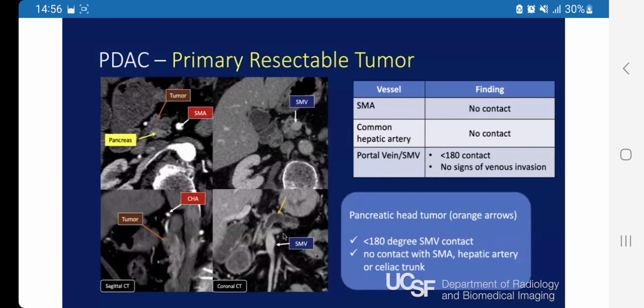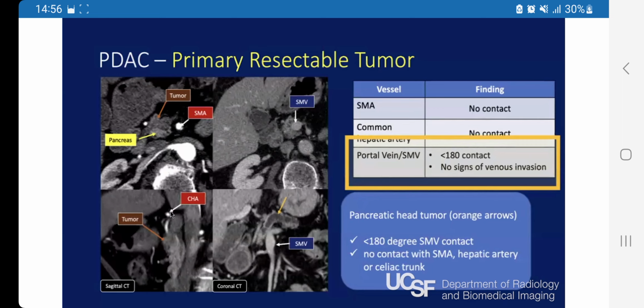Another view of the SMV being touched by the tumor, we have the pancreatic ductal dilatation, and probably there is some involvement of the SMV here. So here we have less than 180 degrees of contact and no signs of venous invasion. The vein appears intact. We do not see any tumor in the vein. So this was considered a primary resectable tumor.